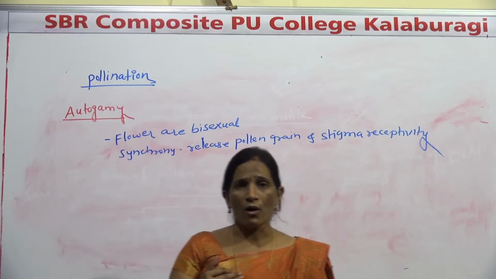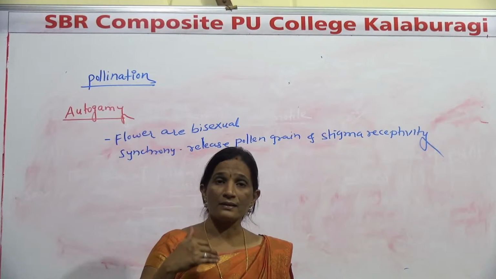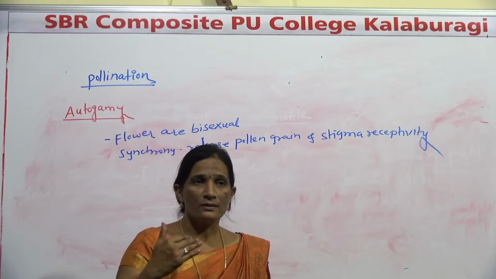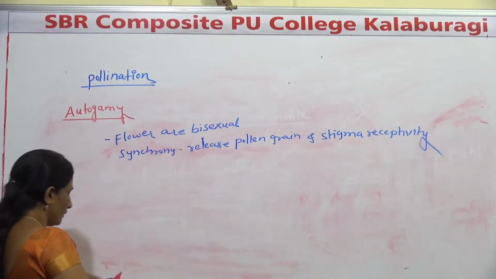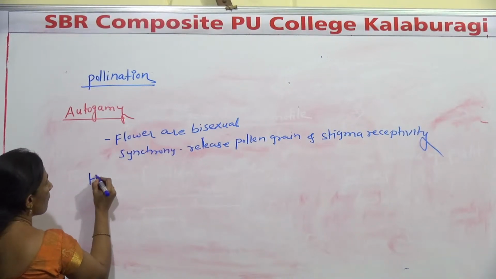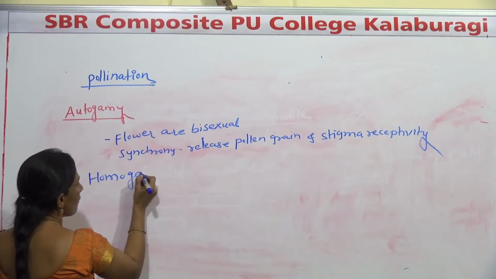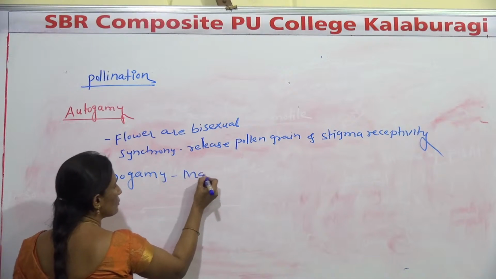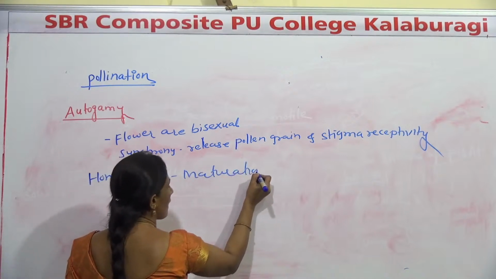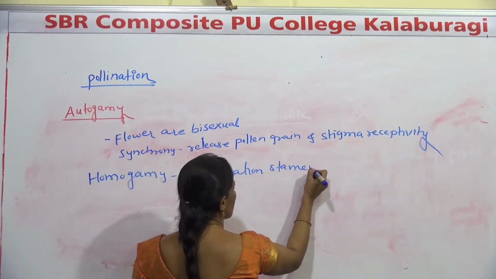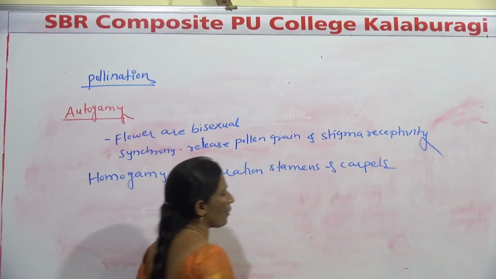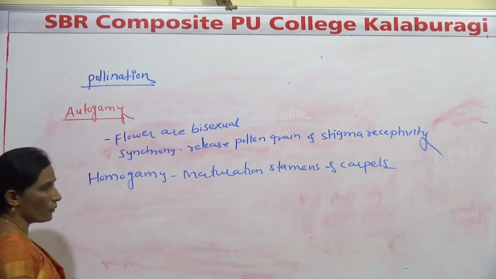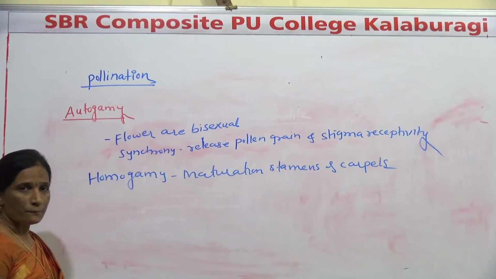The maturation of stamens and carpels at the same time is called homogamy. Homogamy means maturation of stamens and carpels at the same time. Is it clear?